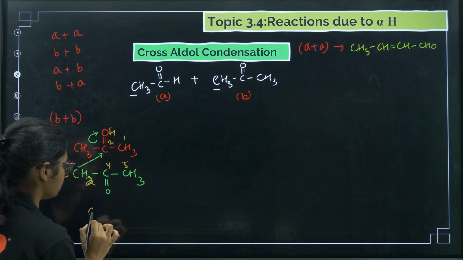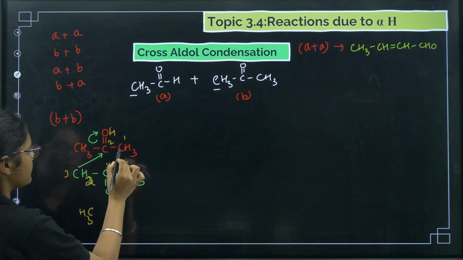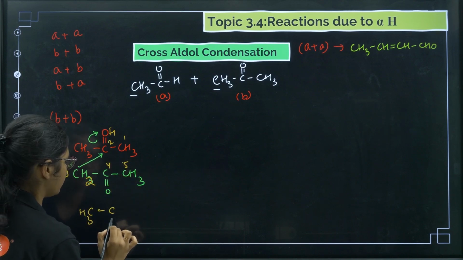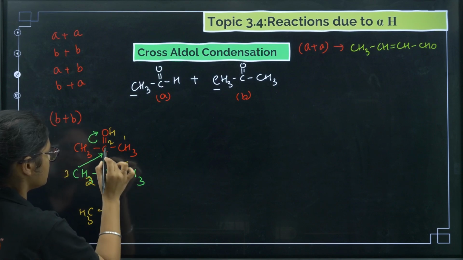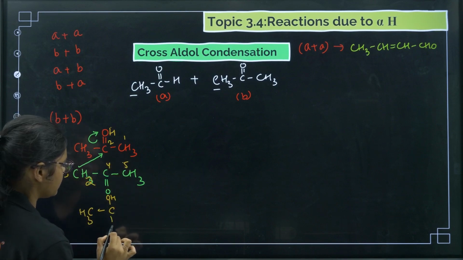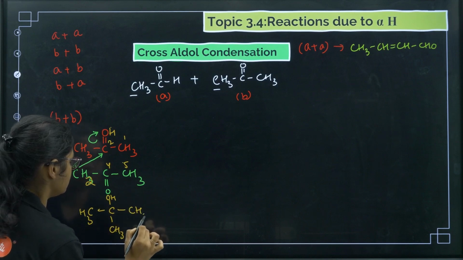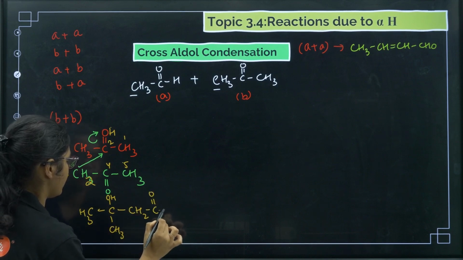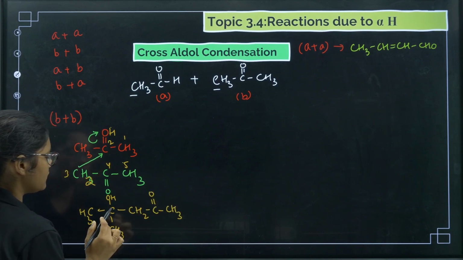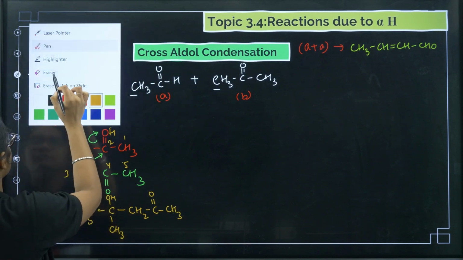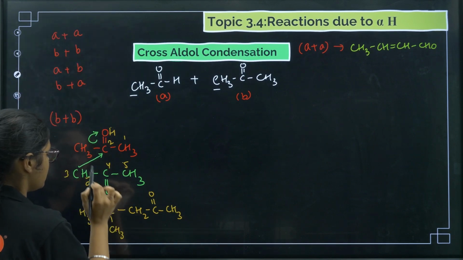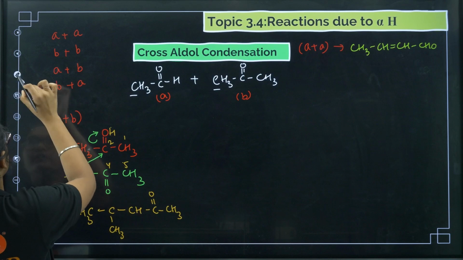So let me write it: 1 is CH3, then I have 2 where I have OH. With this carbon 2, this CH3 group is also attached. Then I have 3, that is CH2, then I have 4 CO and then CH3. Now here there will be dehydration and I'll get a double bond here.